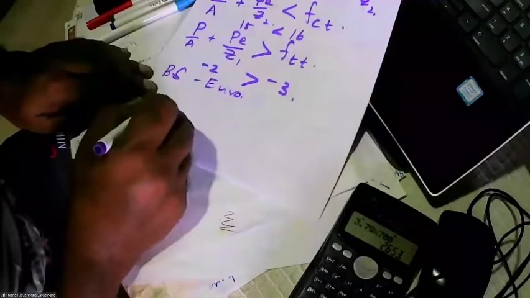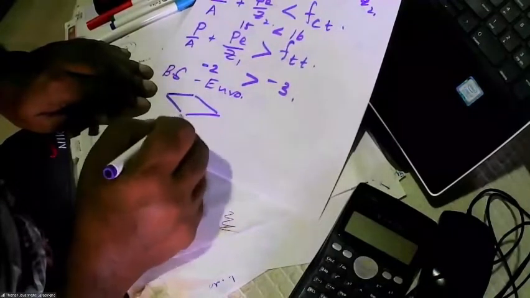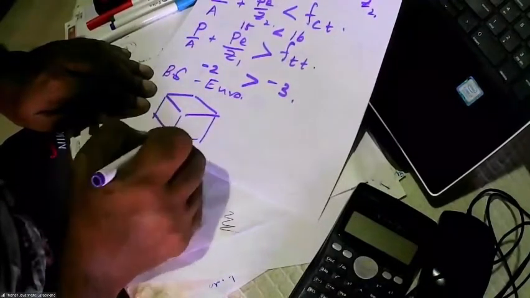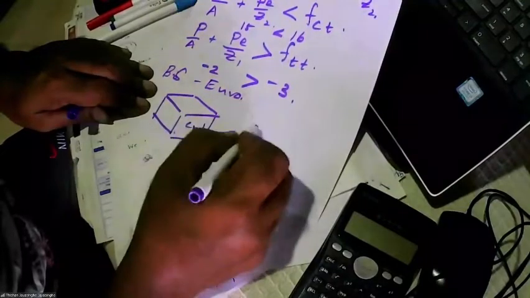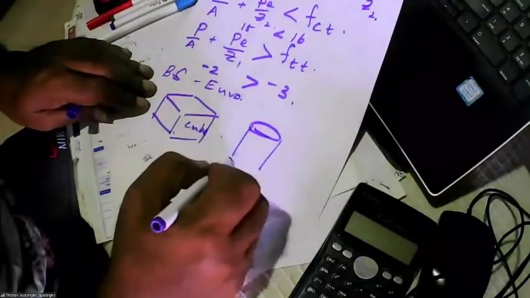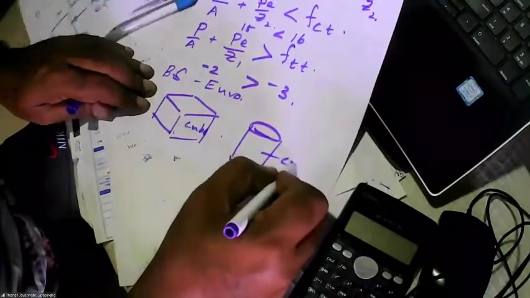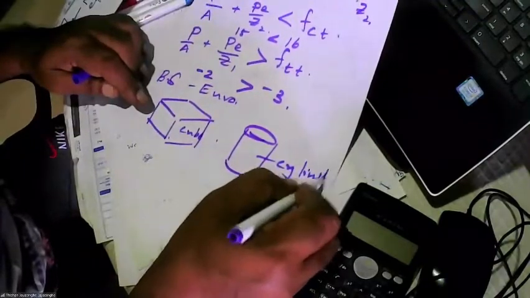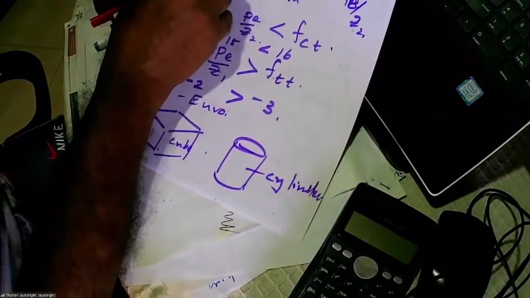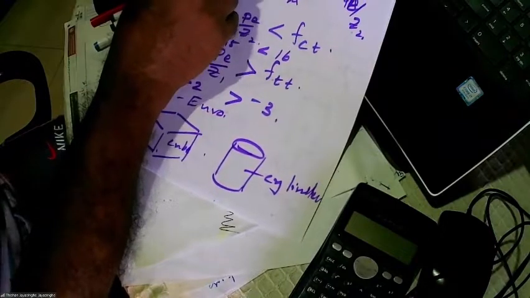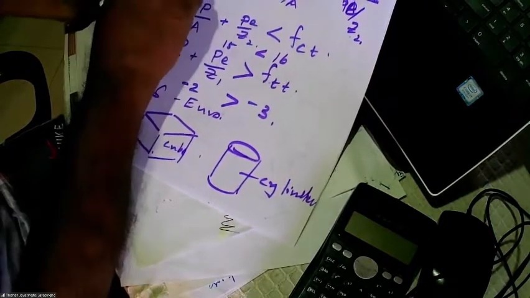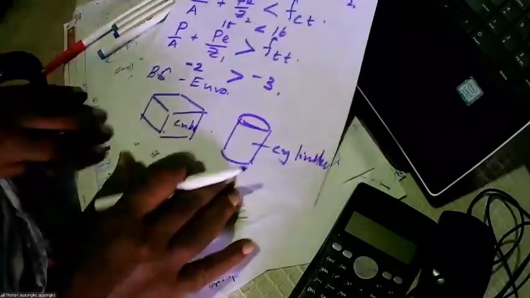Do you know this? British code values are based on cube strength. Euro code values are based on cylinder strength. So when you are using equations for Euro code, which value do you have to use? If you are using Euro code, you have to use cylinder strength.